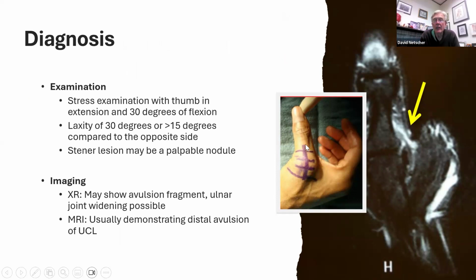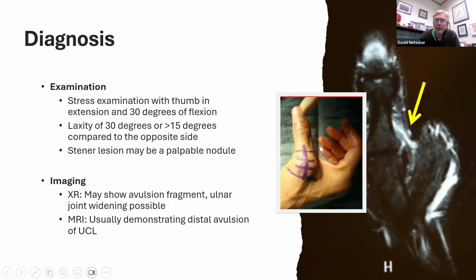And if you've got a deviation of 30 degrees or more, or greater than 15 degrees compared with the opposite side, then you've got a total disruption of the ulnar collateral ligament. That may be demonstrated on your MRI scanning, where you can then see that the ligament is disrupted.